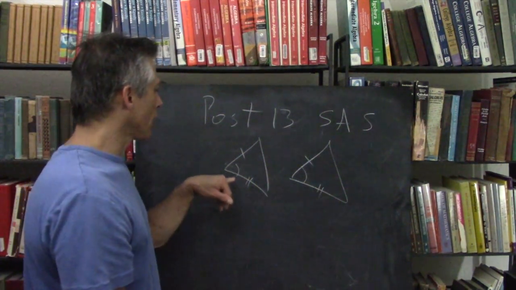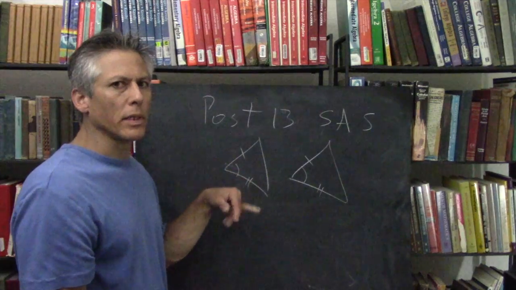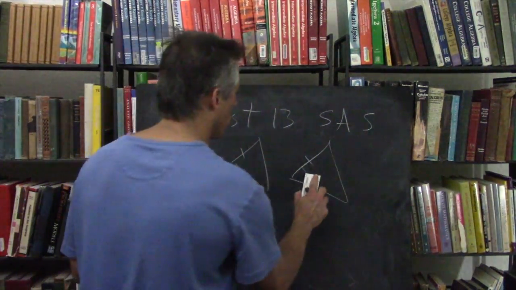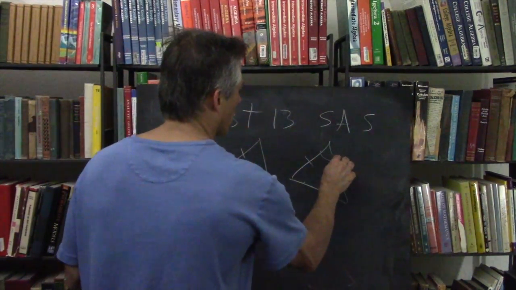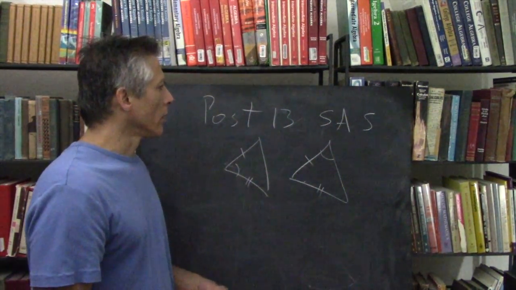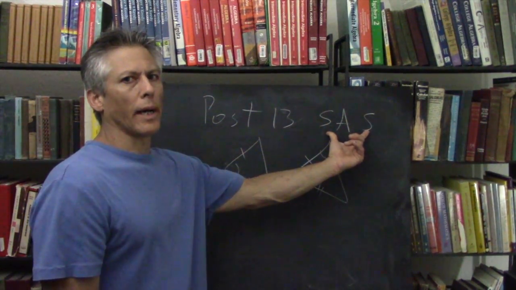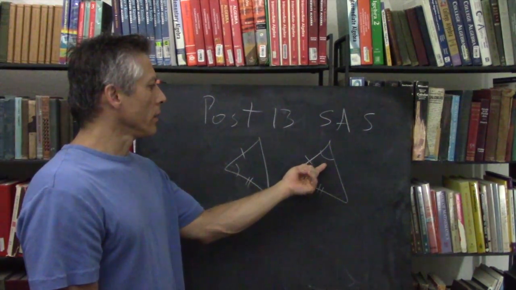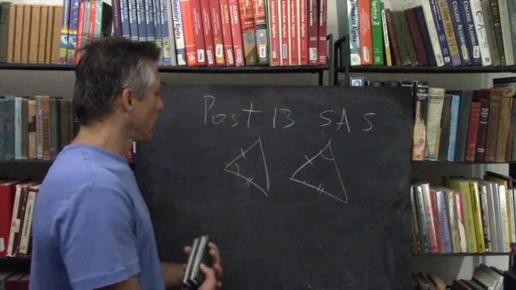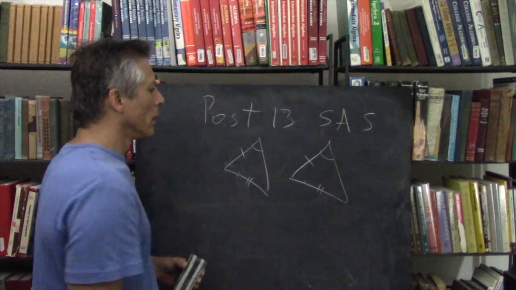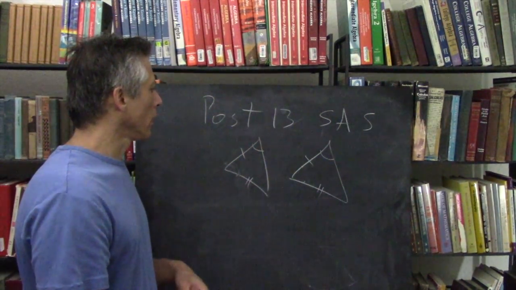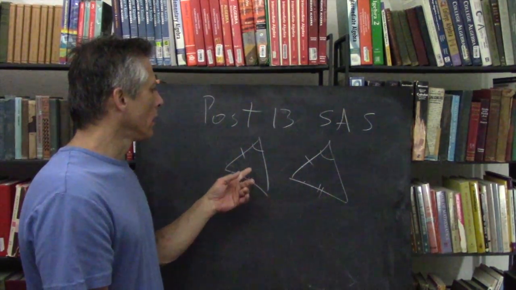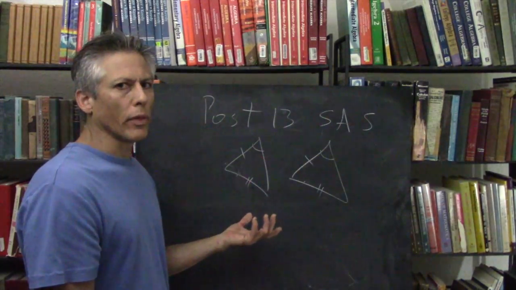Now it's important to see that the angle must be made up of these two sides. You must remember that. If we had something like that, it wouldn't work because the angle must be between the two sides. It's got to be made up of them. This angle is not between the two sides. So even if it was like that, it still would not work, because you don't know what these angles are. There are other triangles you could make, so they're not necessarily the same thing.